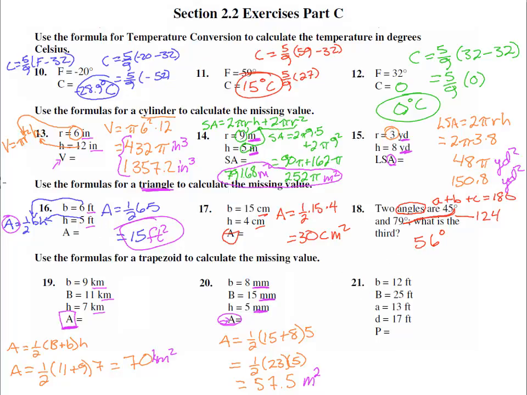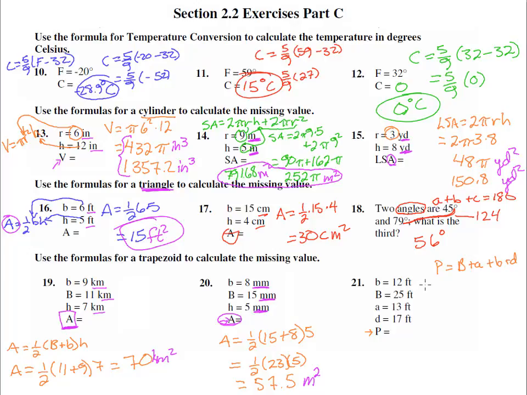And the final one, number 21. Same formula in a trapezoid? No, we're looking for perimeter now. Now perimeter was just adding up all the sides. They had a shape and perimeter was all of them added up together. The base on the bottom plus the side plus the base on the top plus the other diagonal side, and they may have had them in different orders, so we're just going to add them up.